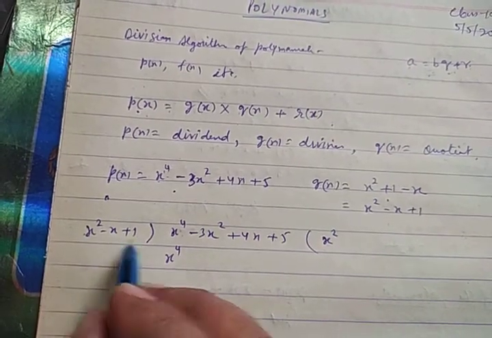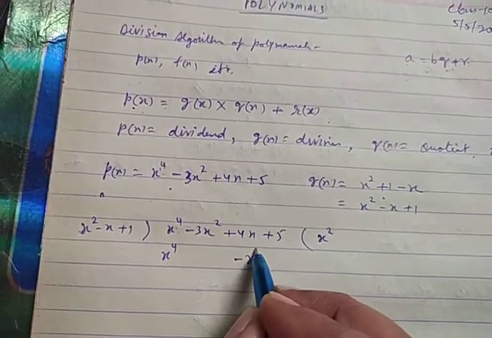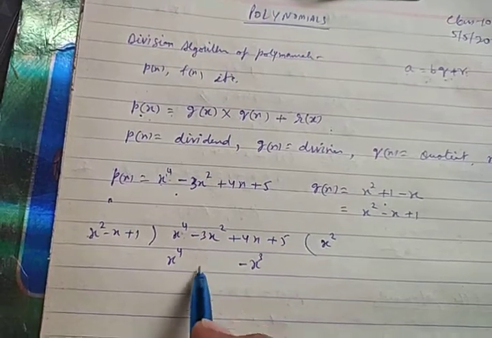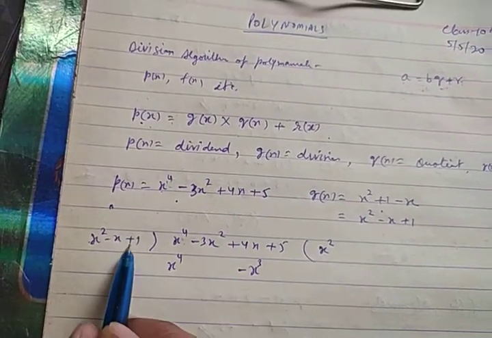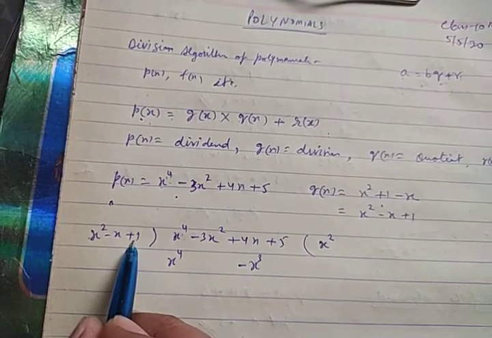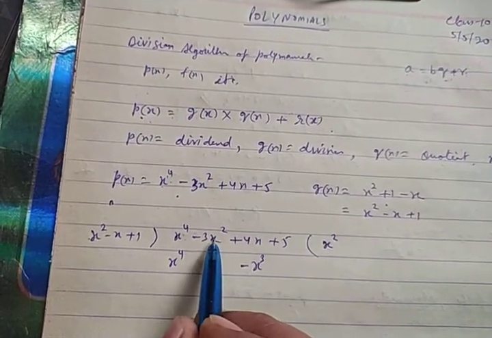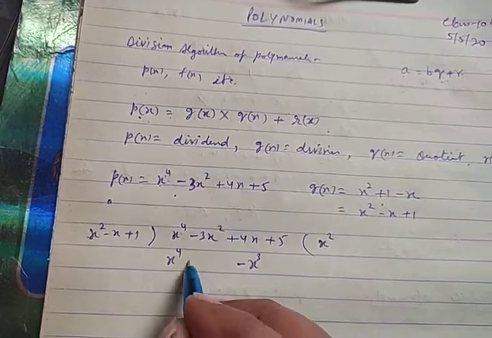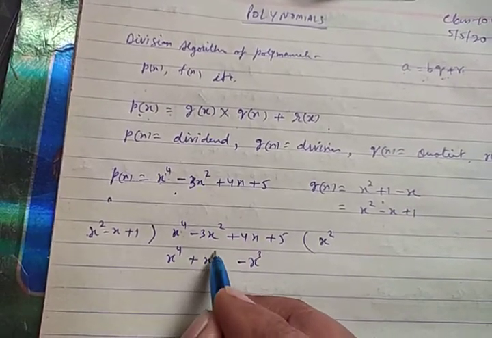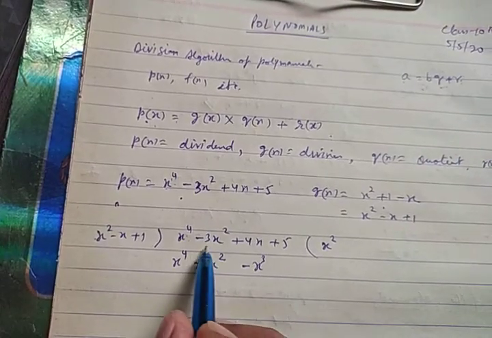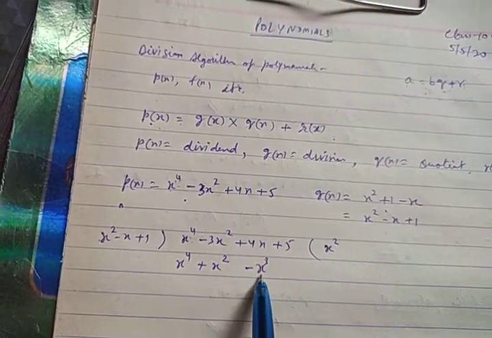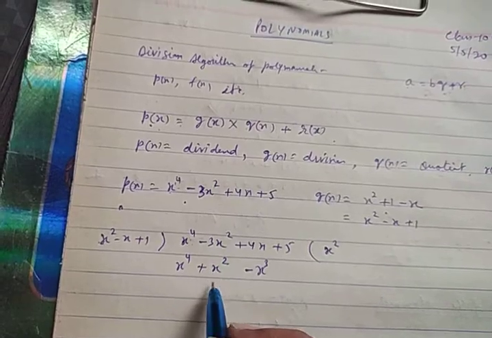How to write -x^3? You can write it on this side because no term is matching in the upper side. Then this will make x^2. The x^2 term exists, so you write here +x^2. I have made this arrangement due to the missing x^3 term. Otherwise you would have written it just below that.